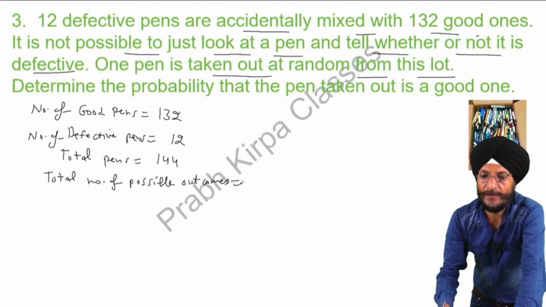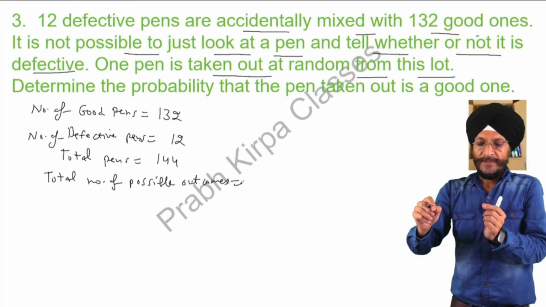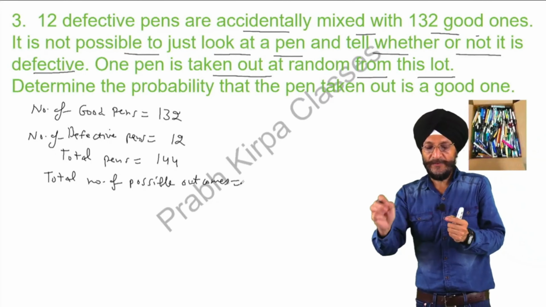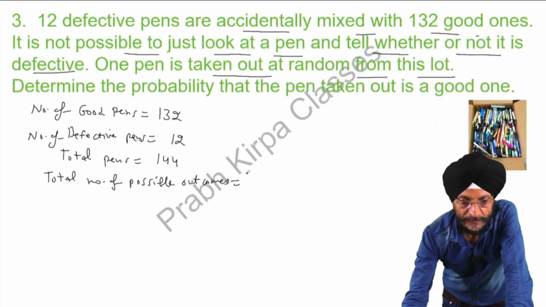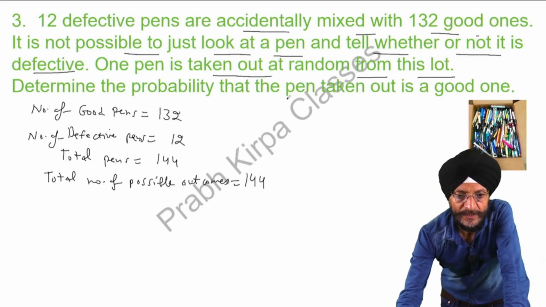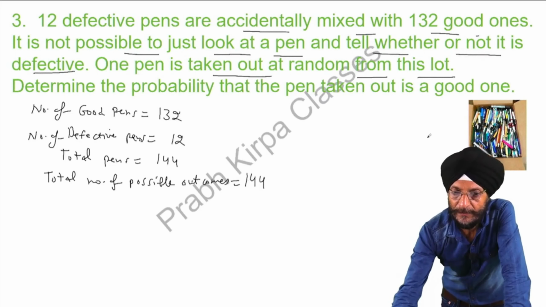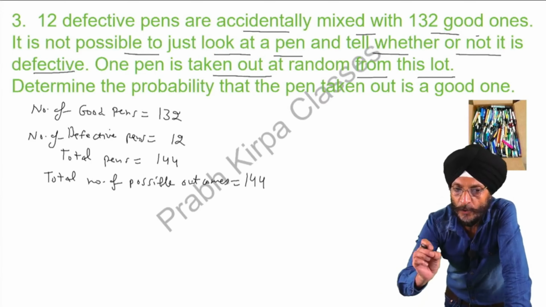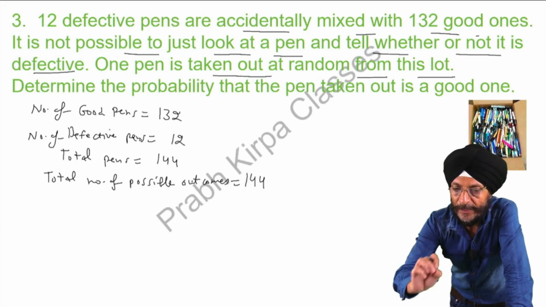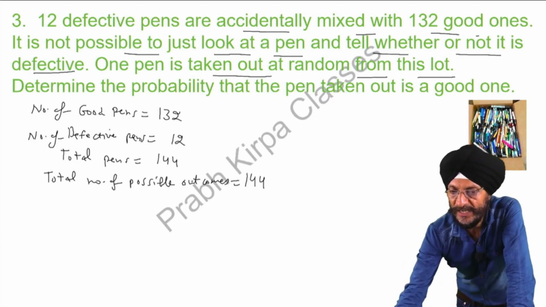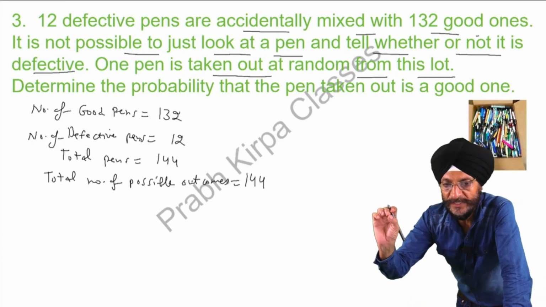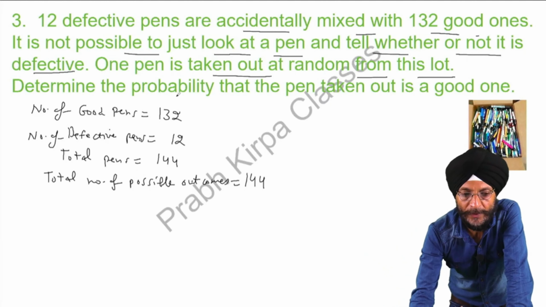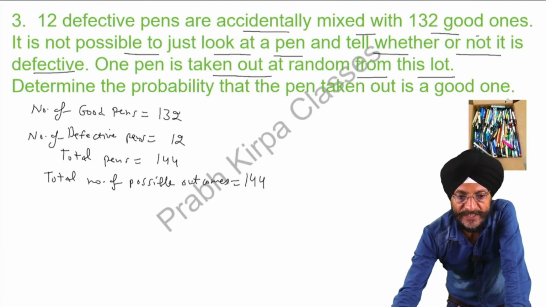That is, if we start picking one pen turn by turn, there will be 144 instances that we can pick up a pen. Now what is the question? One pen is taken out at random. From out of these 144 pens, we are to pick up one, because by looking at it, we cannot tell whether this pen is defective or is in working condition. Determine the probability that the pen taken out is a good one.